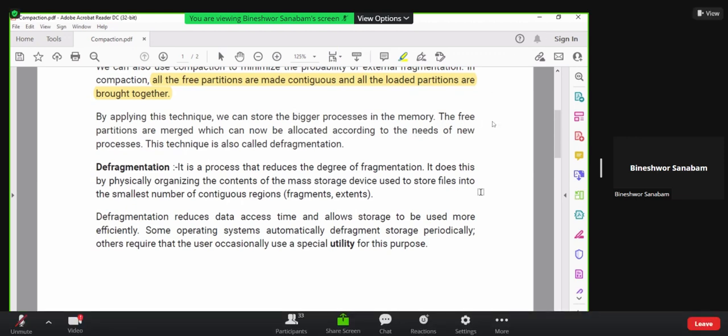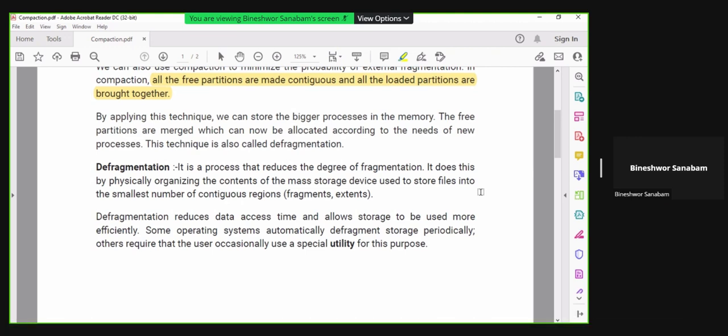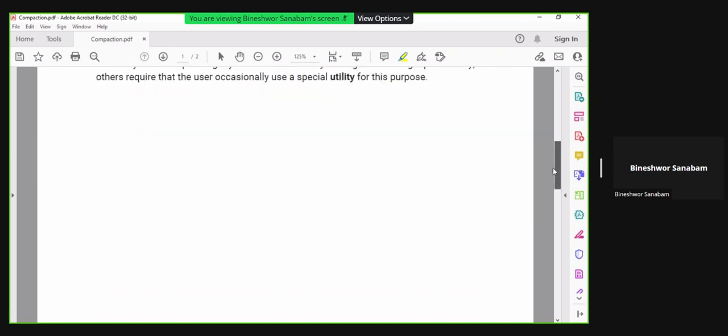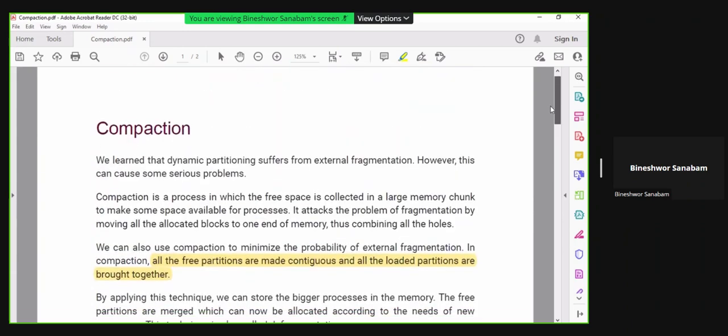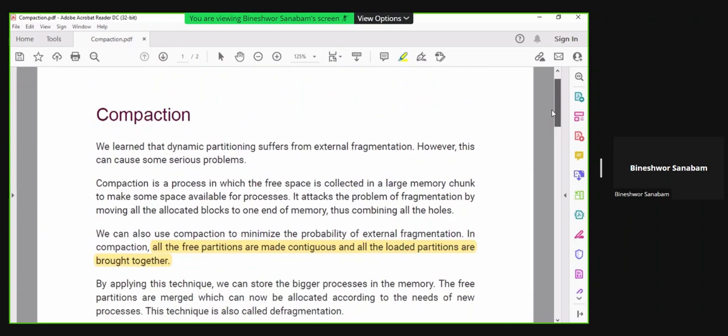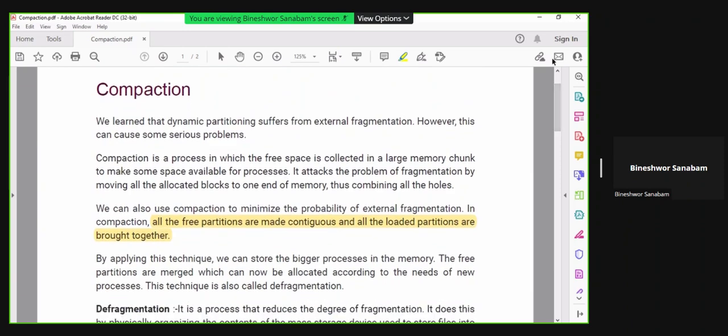It means that in some operating systems we can run defragmentation automatically, or we can do it manually as well. So here is what we refer to as compaction and defragmentation.